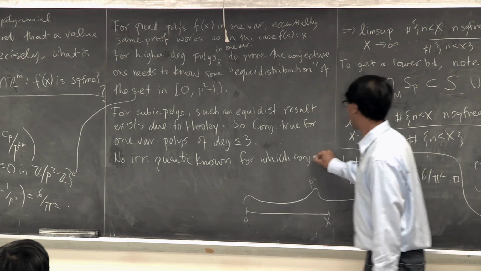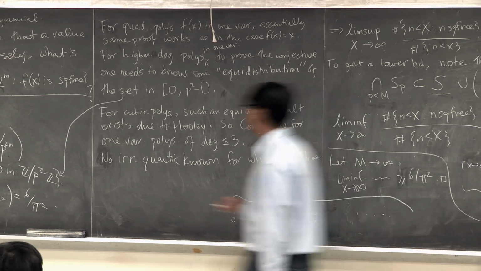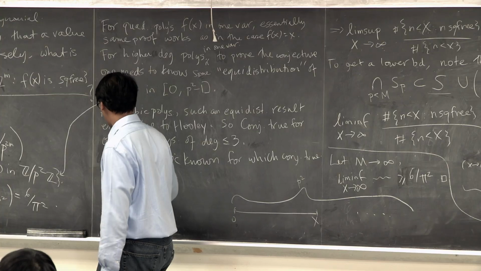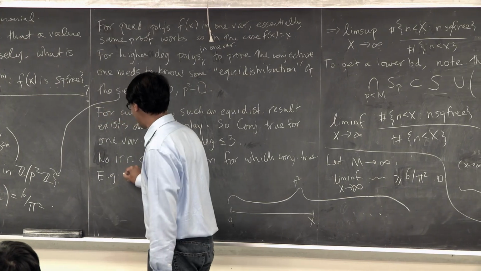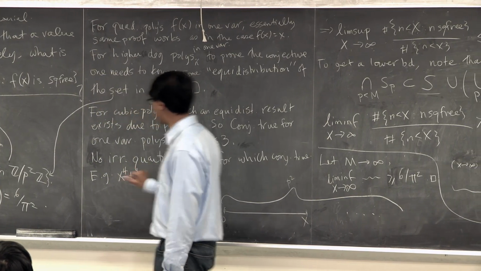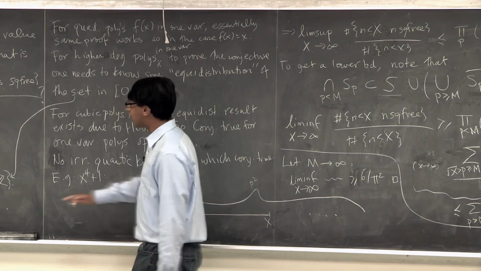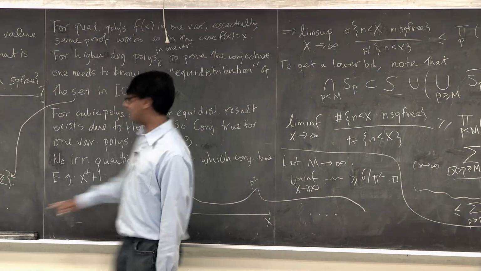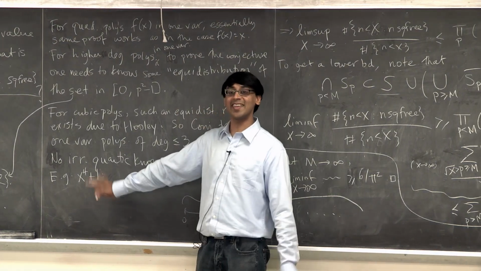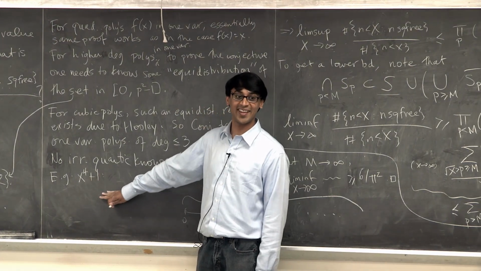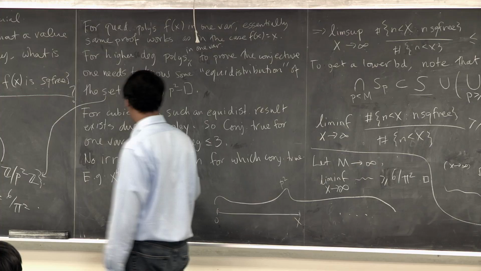So here's one of my favorite questions. If you take the simplest polynomial, let's take x to the 4 plus 1. Let's not even talk about the density in the conjecture. Does this take infinitely many square-free values? Infinitely many, that's all I'm asking. Even that's not known.